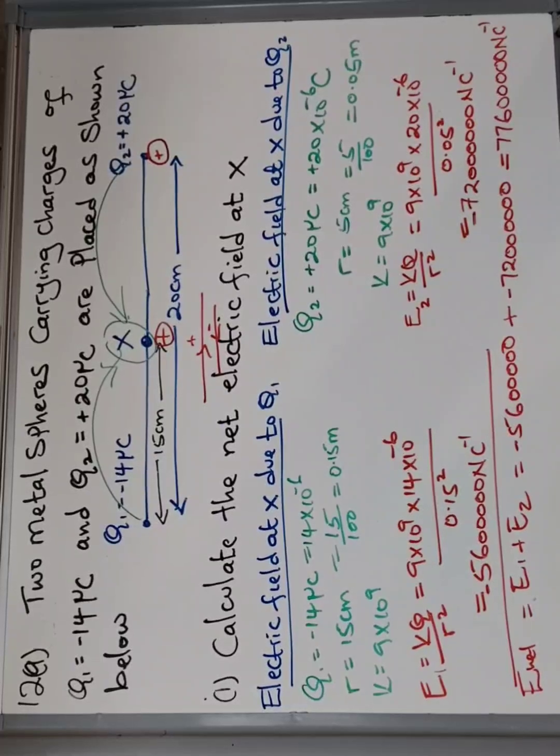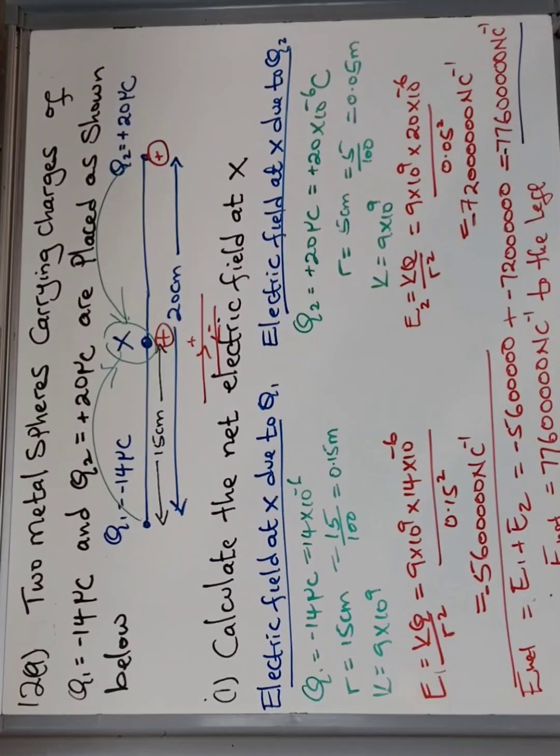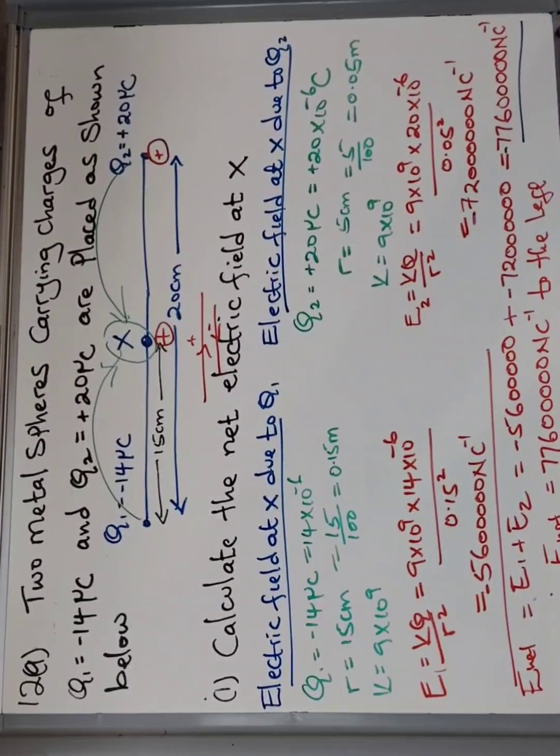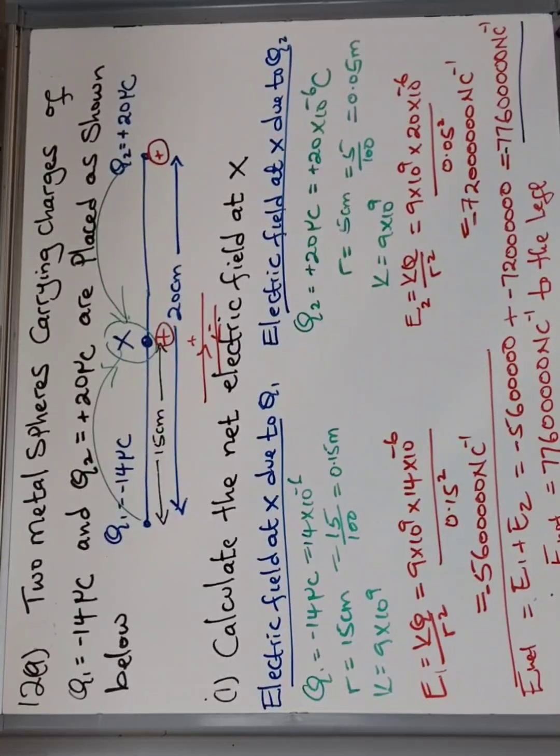So there we are. So what does that mean? What does the negative imply? Negative implies to the left. So E net is 77,600,000. And that is that.